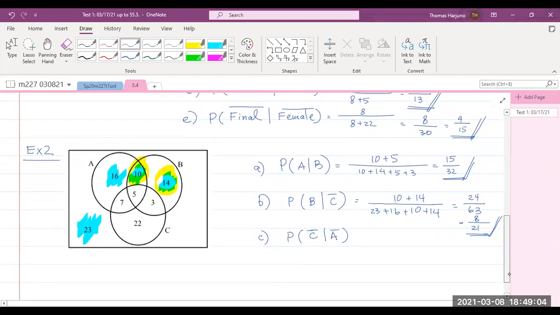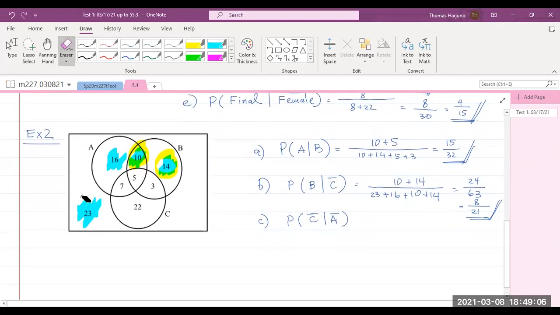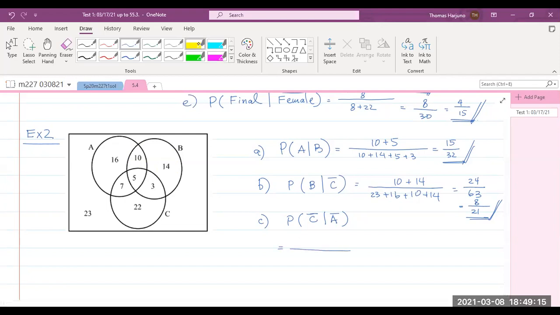And then the last part, part C, find the probability not in C given it is not in A. Let's see the ones not in A first. Not in A are this guy, this guy, this guy, this guy. So there are 23 plus 22 plus 3 plus 14 elements not in A. How many of these? 26, 40, 62.